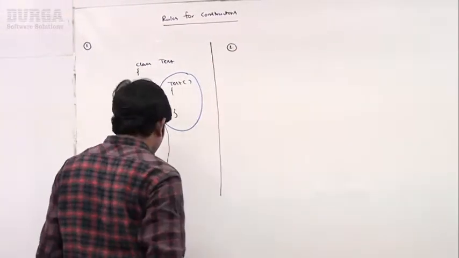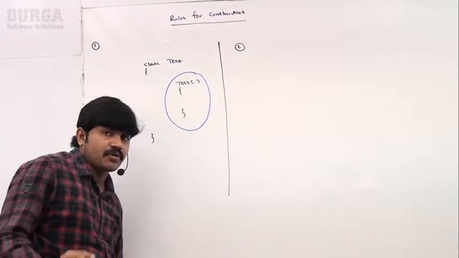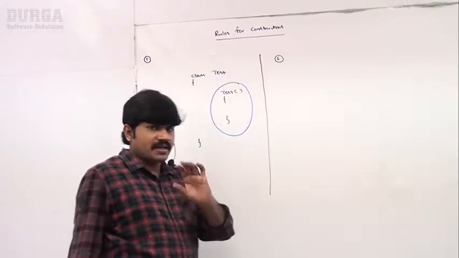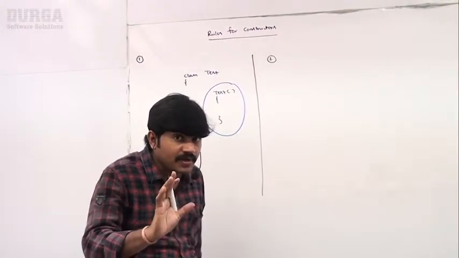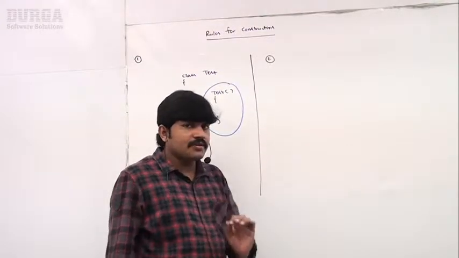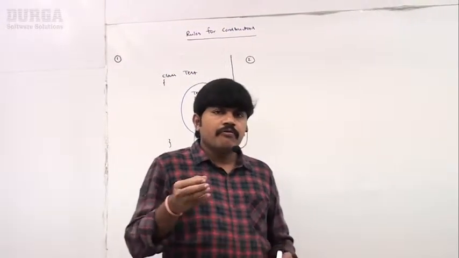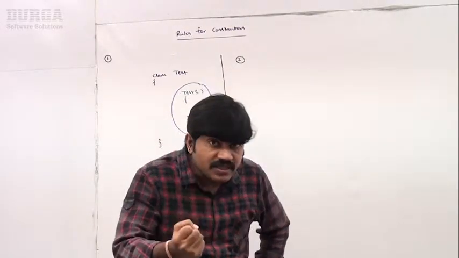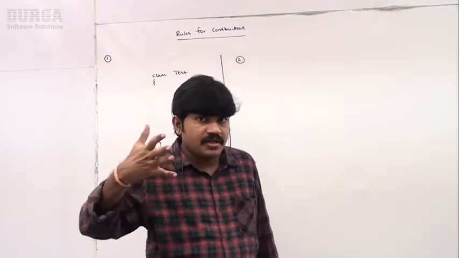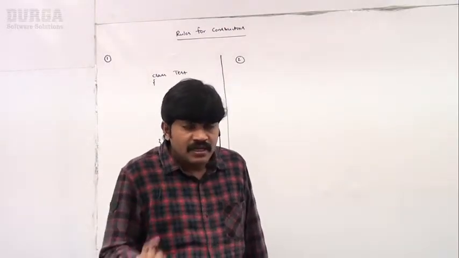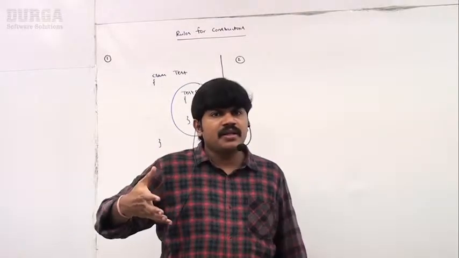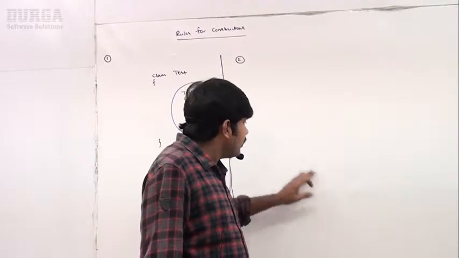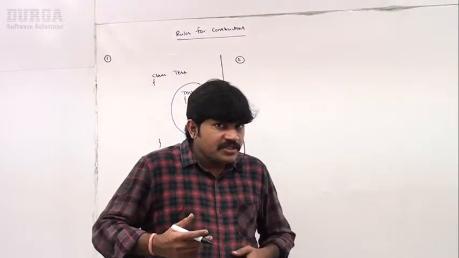Now the second rule, very, very important. What is the second rule? What is the return type for the constructor? One small thing you should be aware of: whenever we create an object, the constructor will be executed automatically.